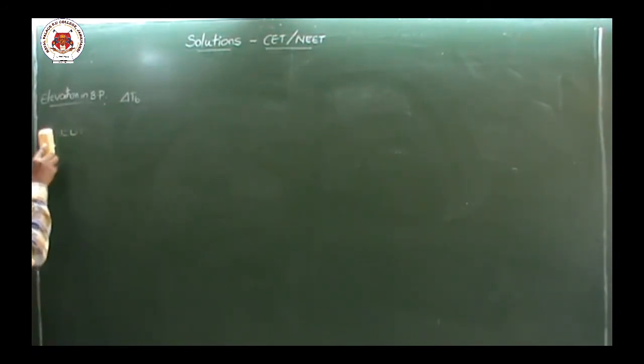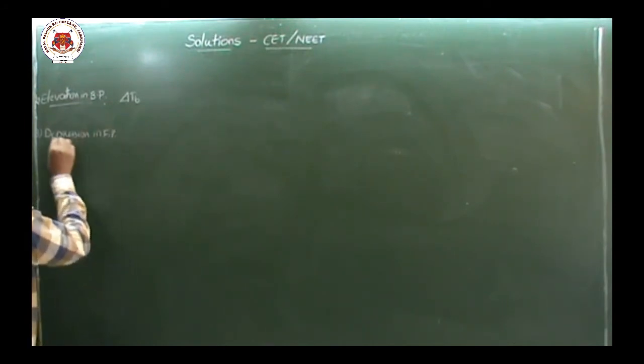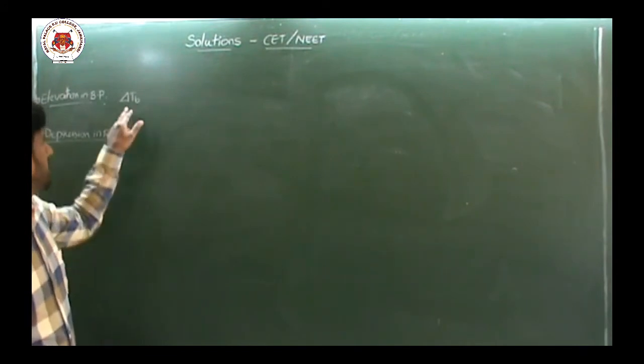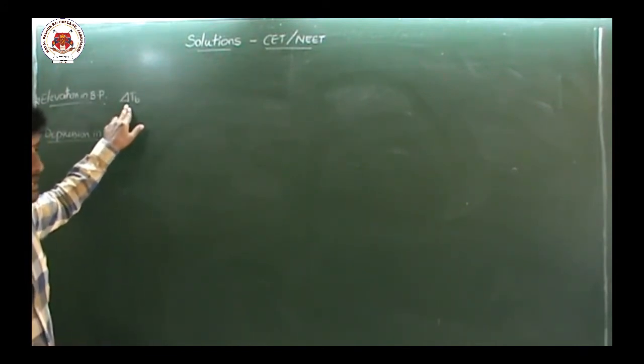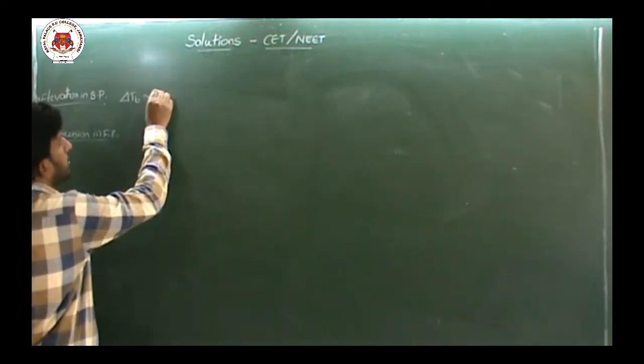Okay. Now this I'll make you study comparatively with the depression in the freezing point simultaneously. This is second property. This is third property, depression in the freezing point. Elevation in boiling point delta Tb is directly proportional to molality of the solution.